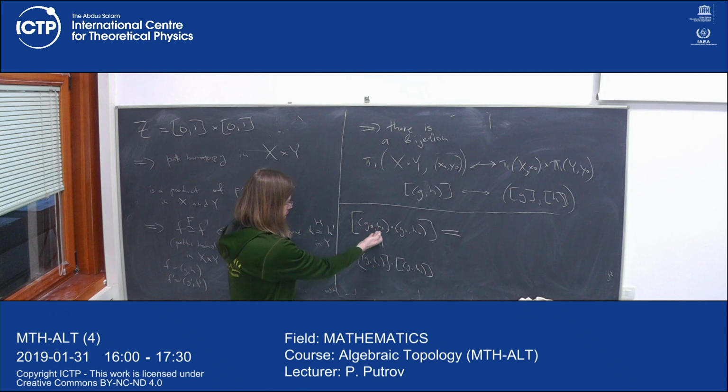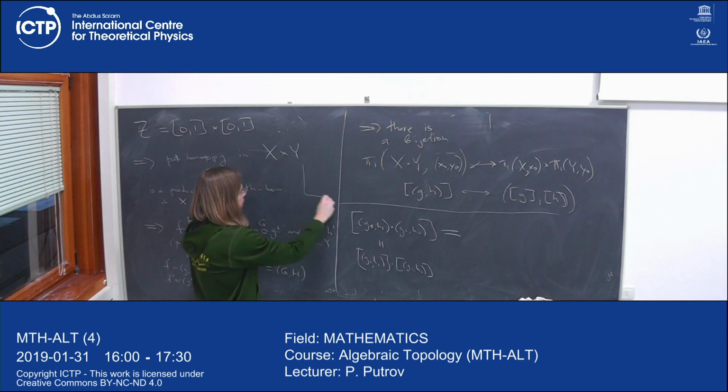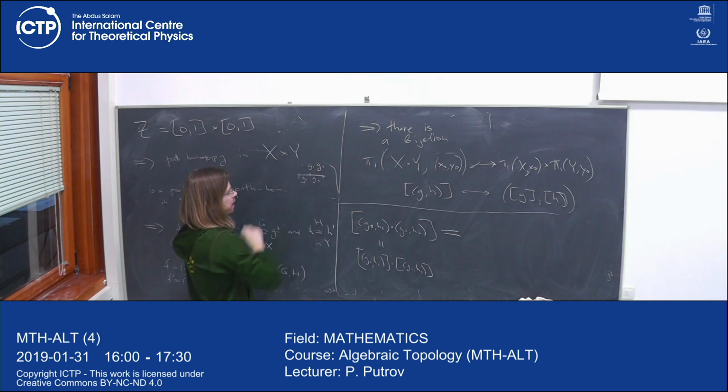By definition of the concatenation, we combine the functions and rescale. If we want to define the concatenation of G1 and G2, we combine these two functions together and rescale them by half.